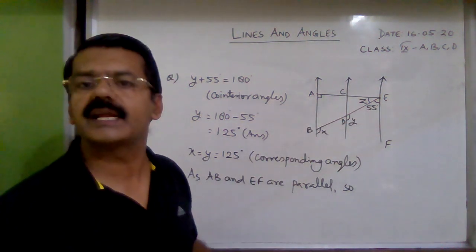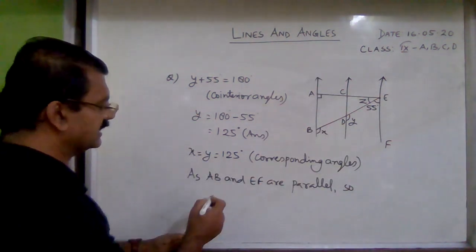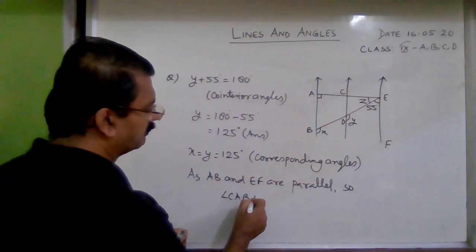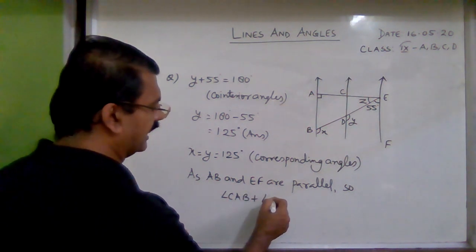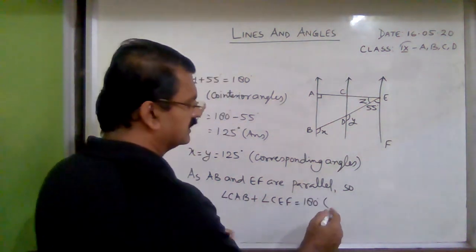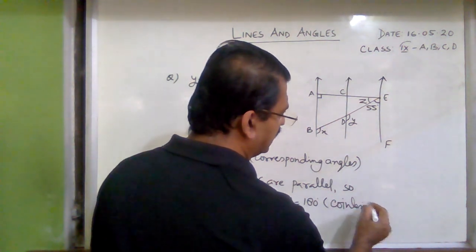I told you co-interior angles are always supplementary when lines are parallel. So we can say angle CAB plus angle CEF is equal to 180. The reason you write is that they are co-interior angles.